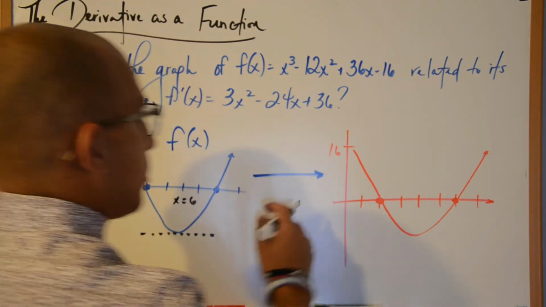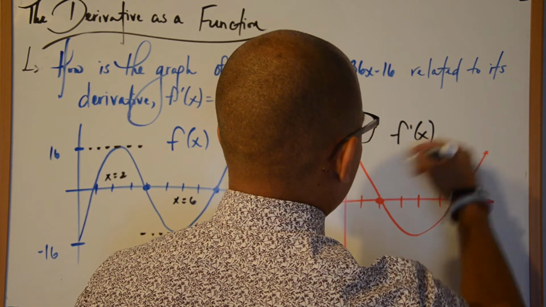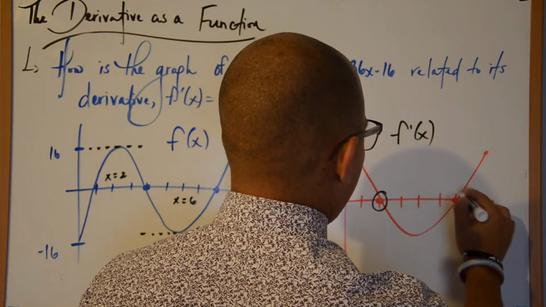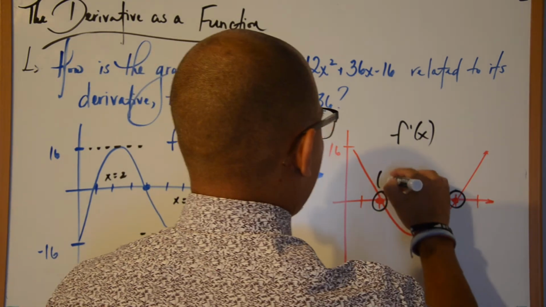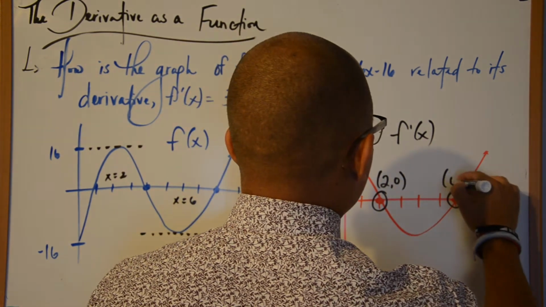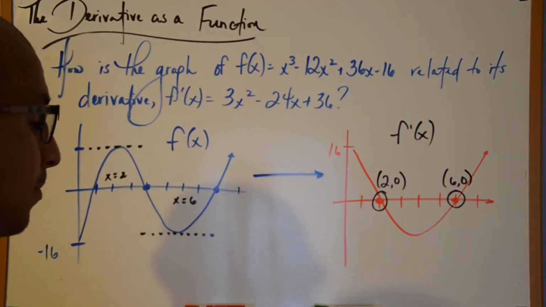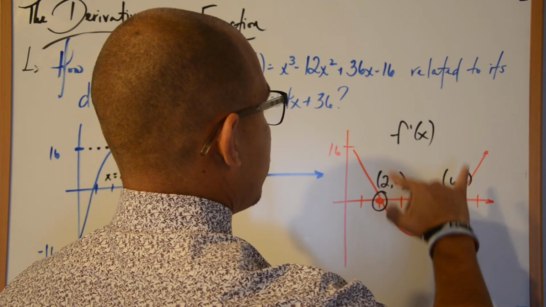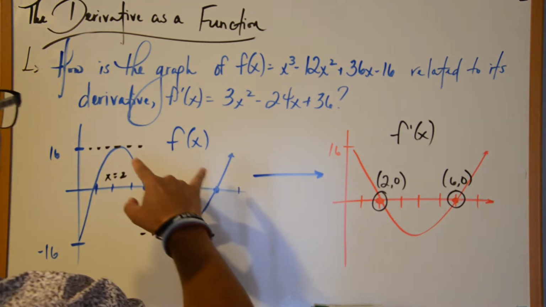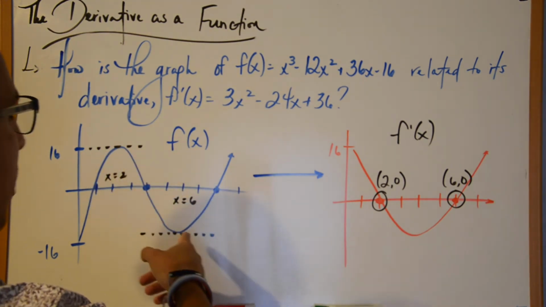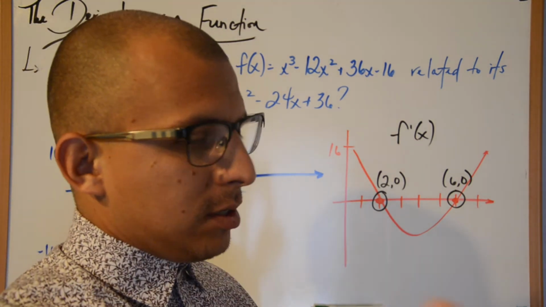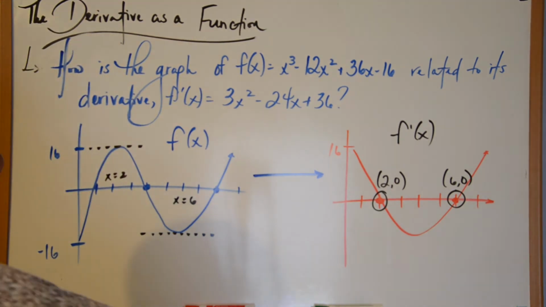Now if we look at the derivative, what's happening at those two values, okay, at those two values, the outputs are 0. Okay? So the intercepts of the derivative become the maximum and minimum values, hint hint, of the original function.